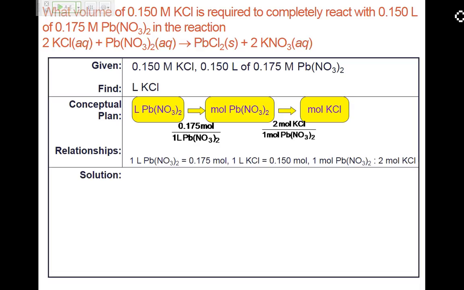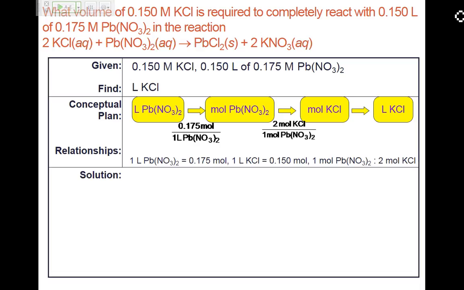Remember, I can't just measure out moles, but I can measure out milliliters or liters of solution. So that's my last step. And of course, I'm giving this in liters. Remember, my molarity is in moles per liter. But in the lab, I might actually be measuring out milliliters. So just keep paying attention to what volume I'm asking for.